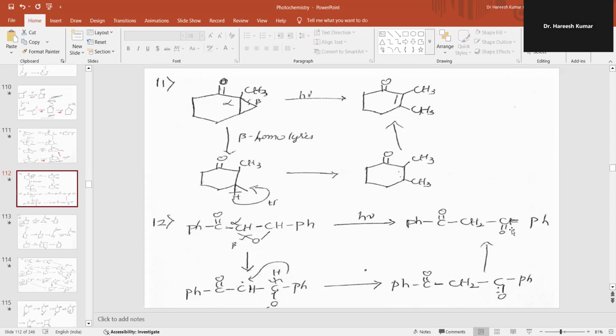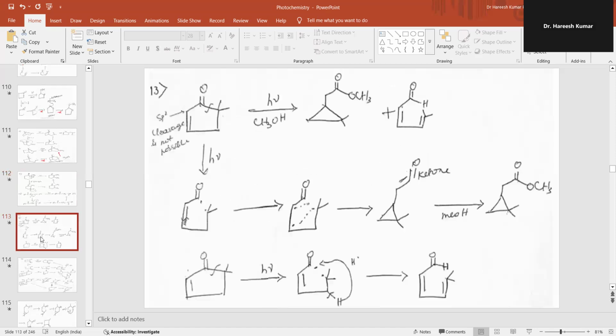So forming one more ketone. What does it mean? It means that epoxy carbonyl compounds are converted into 1,3 dicarbonyl compounds. 1,3 dicarbonyl compounds are nothing but active methylene compounds. So epoxy carbonyl compounds are converted into active methylene compounds by the beta abstraction.